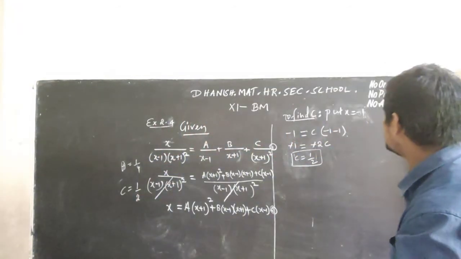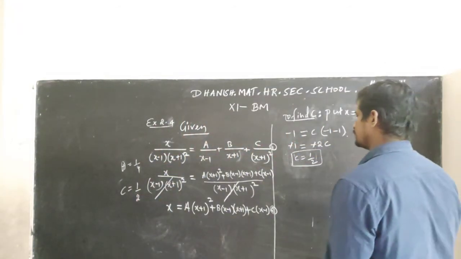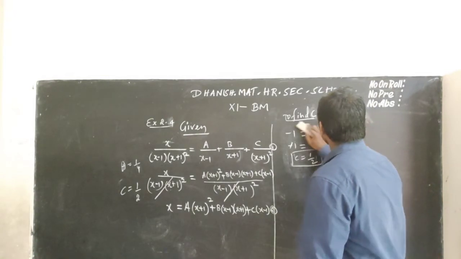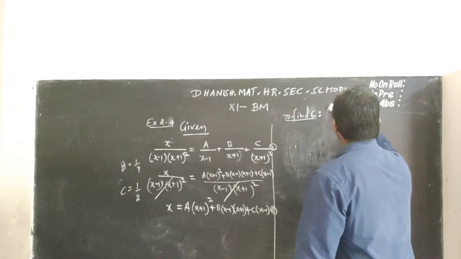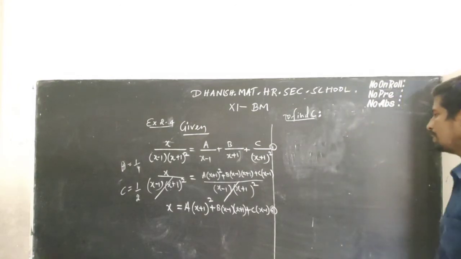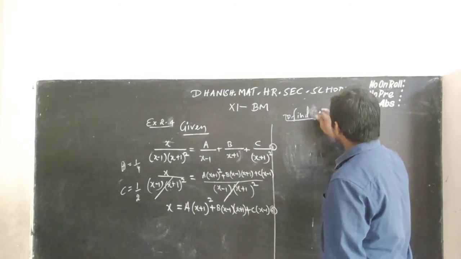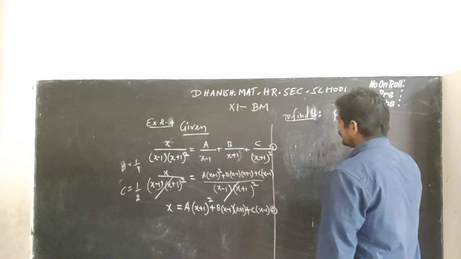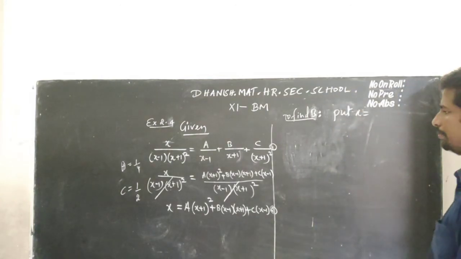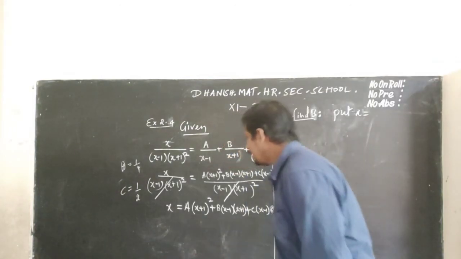Now to find B, I am going to put x as 0. You can put x as 0, but in the LHS we have only one x now.